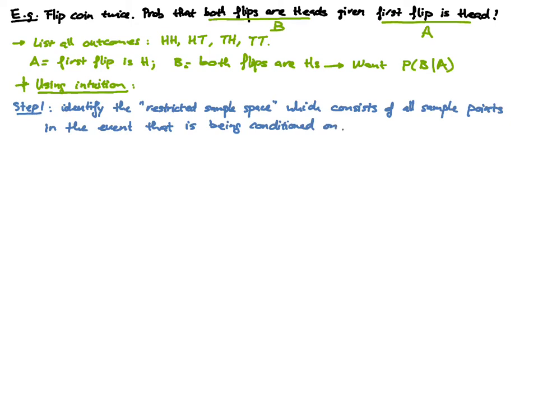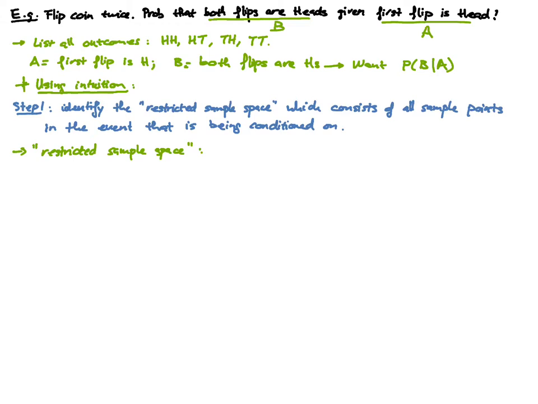Now that's a mouthful, right? But if you apply it to a particular problem, for example, in this problem, the restricted sample space will consist of the following outcomes. So the restricted sample space consists of the outcomes in event A, right, which is the event that we are conditioning on.